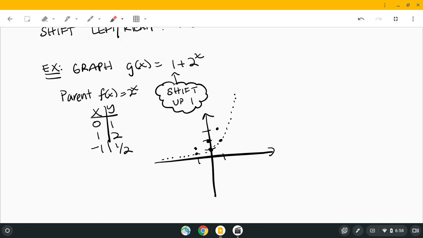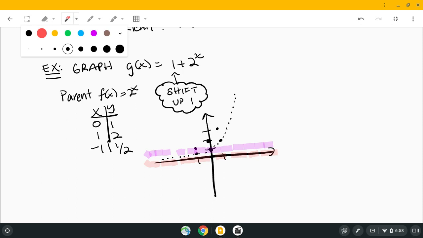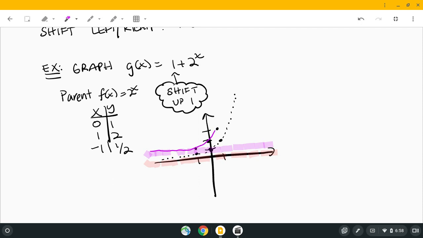So right here we have this sort of asymptote, you can think of it. And that is also going to get shifted up one. So now it's going to go up here. Let me do the final one in purple. Okay, so it gets shifted here up one. And then our graph is this one right over here.